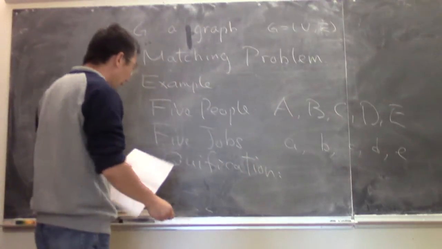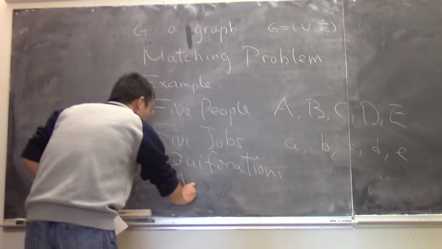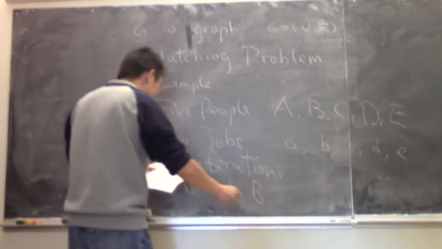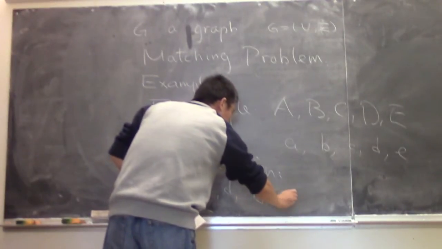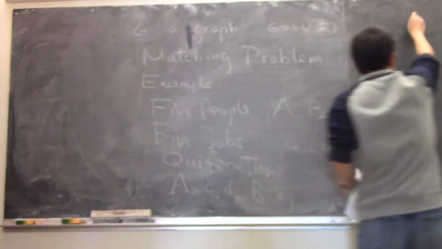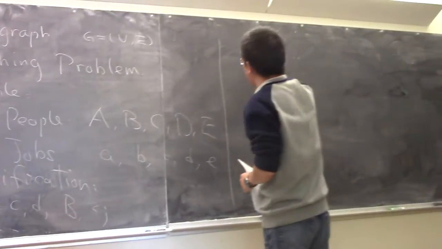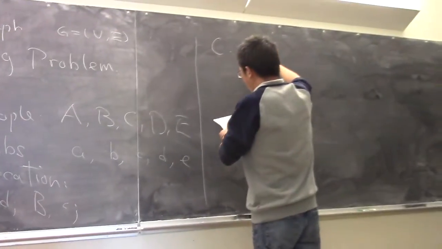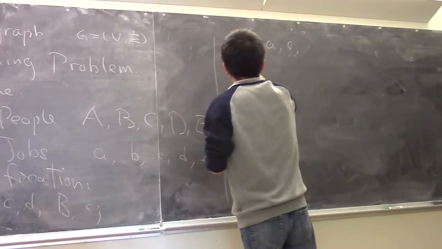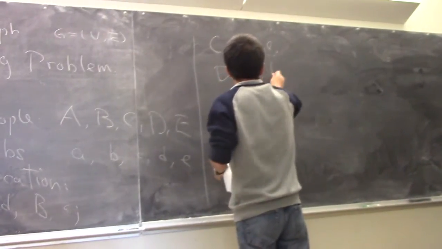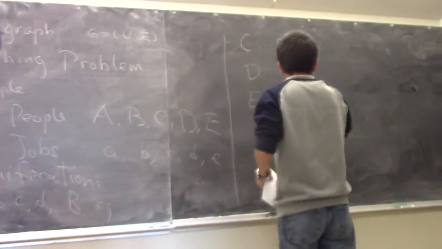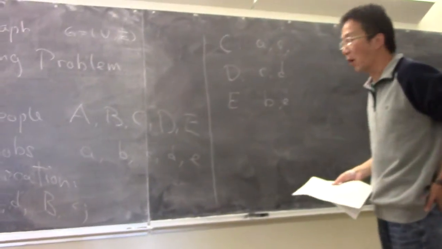So assume A qualifies for the jobs c and d, B qualifies for the job c, C qualifies for the jobs a and e, and D qualifies for the jobs c and d, and E qualifies for the jobs b and e. So these are the qualifications.